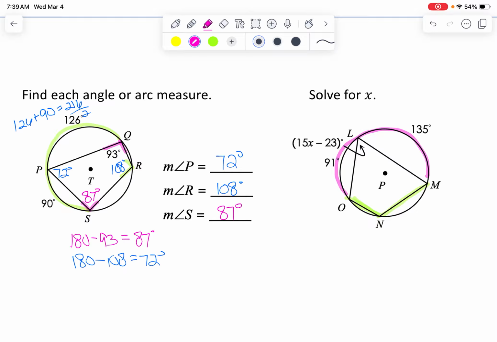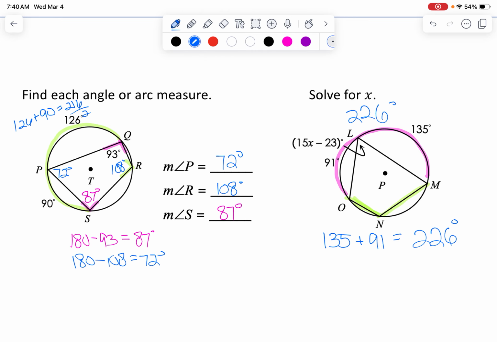Okay, so if I go 135 plus 91, that would be 226 degrees. Okay, so this is 226, that pink arc.